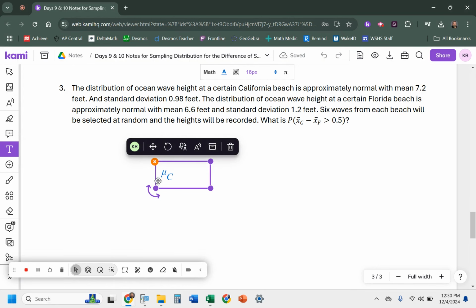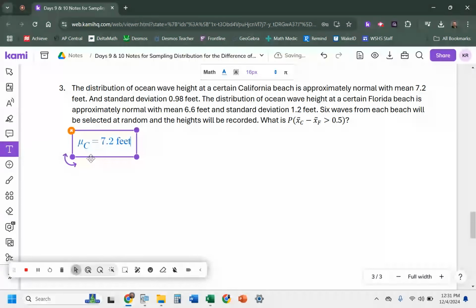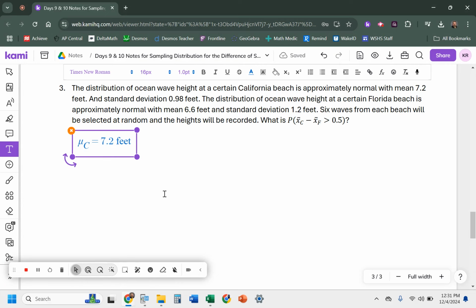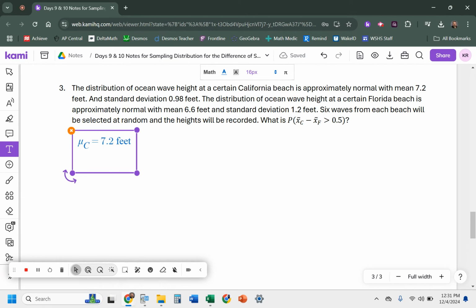So the population mean wave height for the waves at this particular California beach is 7.2 feet. And additionally, the standard deviation for the waves on this California beach is equal to 0.98 feet.